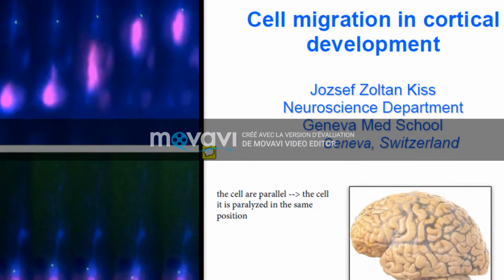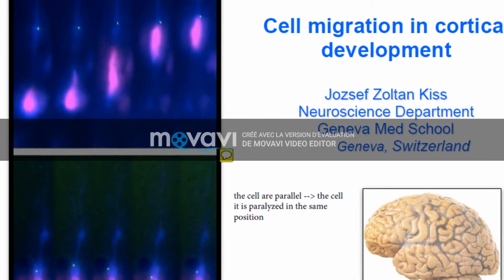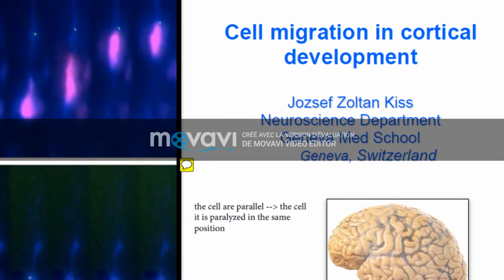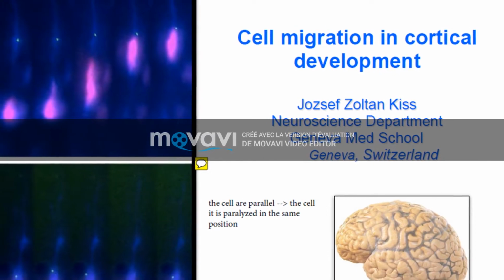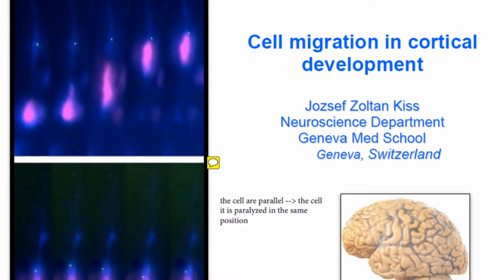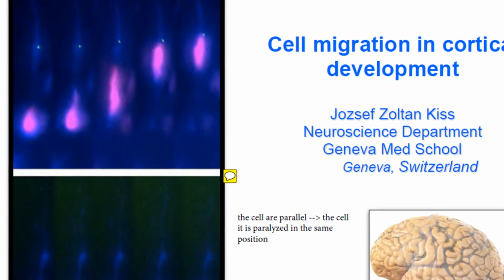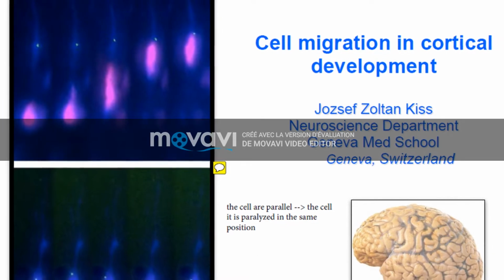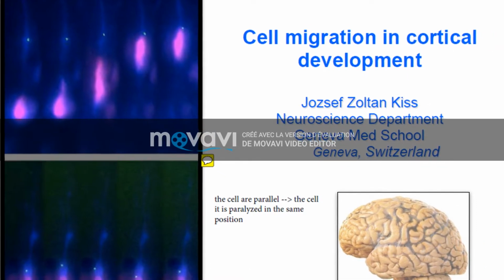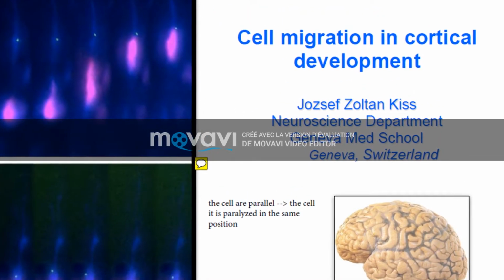So what I showed you, this principle, as opposed to the radial glia guided migration, is what we call guidance by permissive corridors. Okay, guidance by permissive corridors. This corridor is open and is positive. There are positive molecules which attract GABAergic neurons.